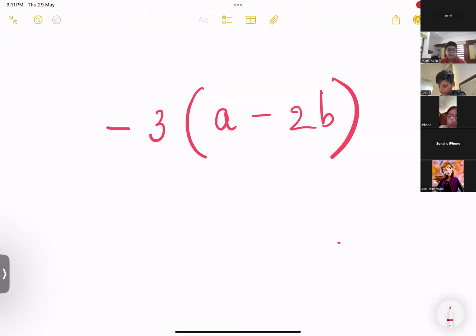Ma'am, minus 3a minus 2b, which is 3a plus 2b, so it will be 5ab. Wrong, Manit. You have made 3 errors. Firstly, we cannot add apples to bananas. You have done that.